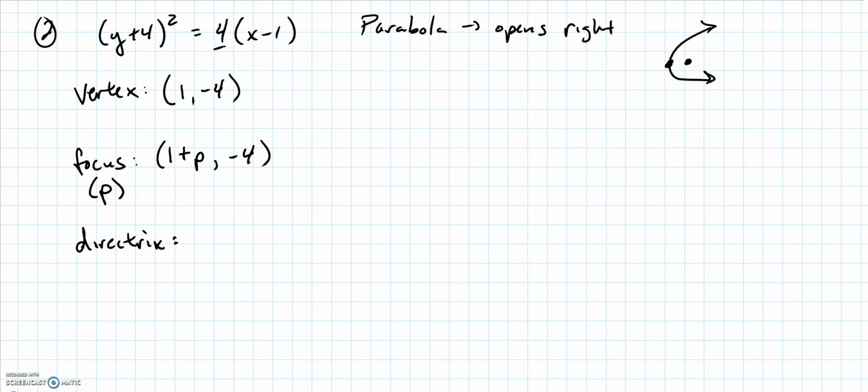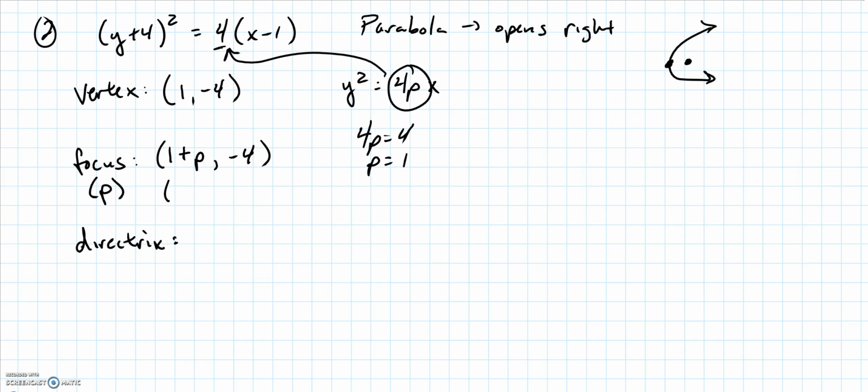And when we find p, remember if you look at your formula, the general form y squared equals 4p times x. So this 4p matches what's right there. So if we set those equal, 4p is equal to 4, so p is equal to 1. If I plug that in over here, I get 1 plus 1, which is 2 comma -4.